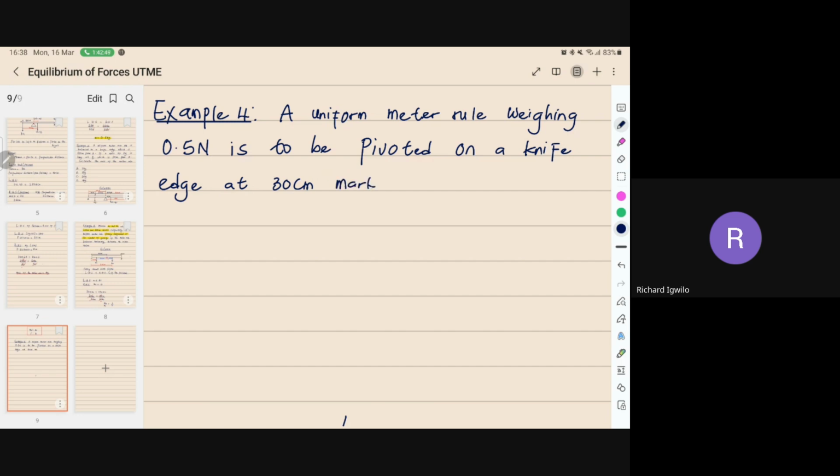So where will a force of 2 Newton be placed from the pivot to balance the meter rule?